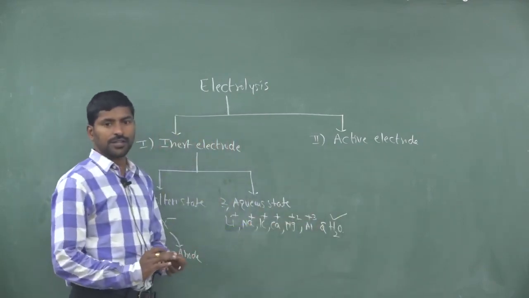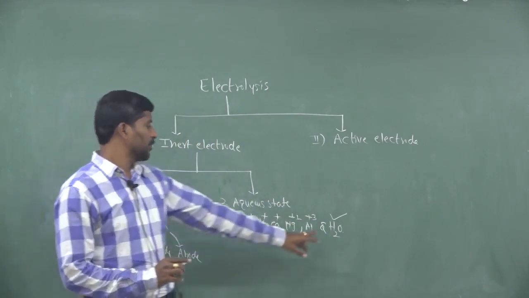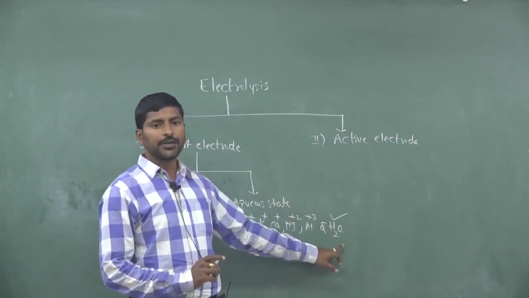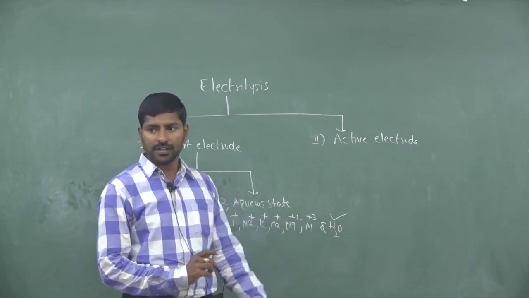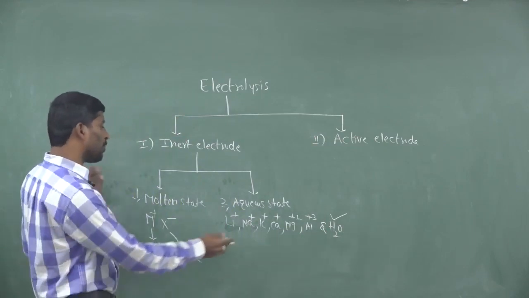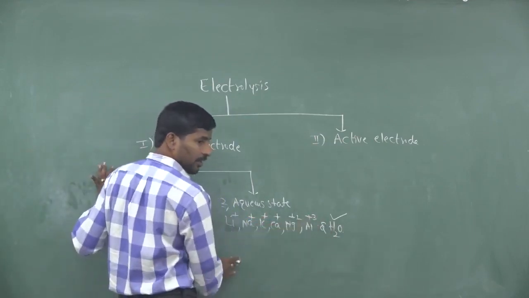Water undergoes reduction. If water undergoes reduction, what is the product we will get? Hydrogen gas is evolved. This is at cathode.